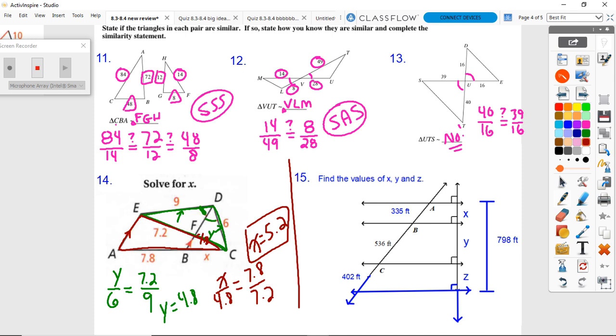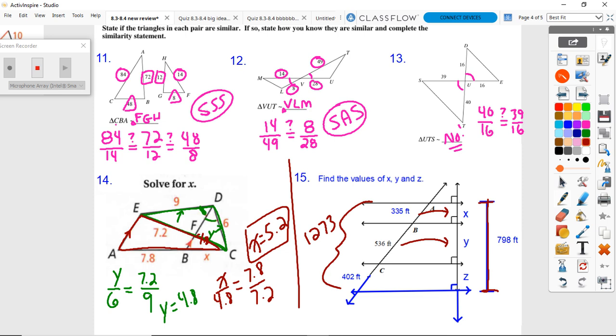And over here, we can't just go straight across because we'd have too many variables and no other information regarding it. So the key to this one is this information, 798. Find the whole, the 3 segments added together here. Just simply add those 3 together. Now you can set proportions up.